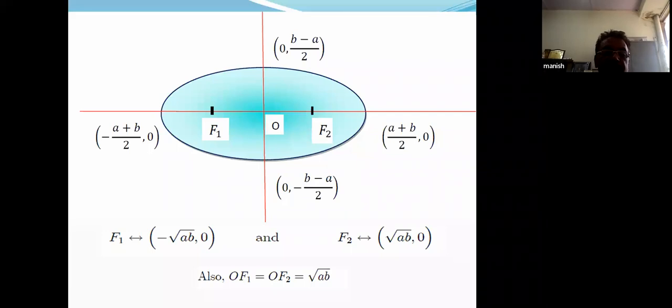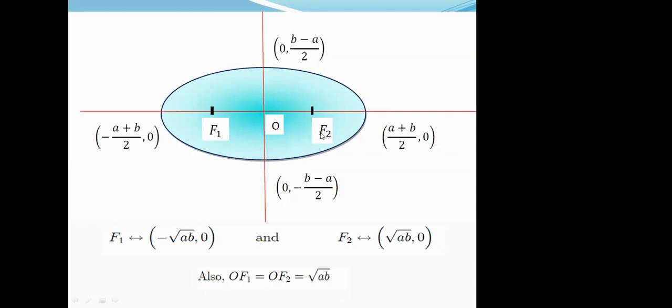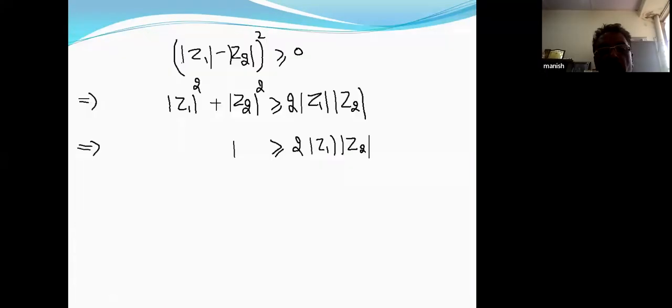This is a convex set. And also note that the length of the major axis of this ellipse is (a + b)/2 − (a + b)/2... a + b. This is the length of the major axis, and the length of the minor axis is (b − a)/2. These are the foci, and we can calculate them.